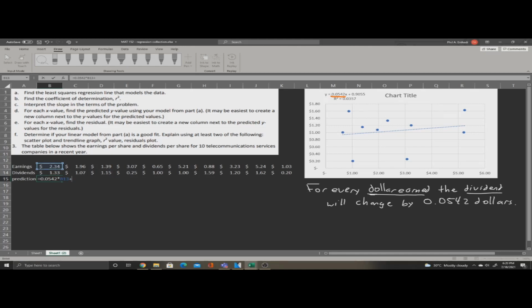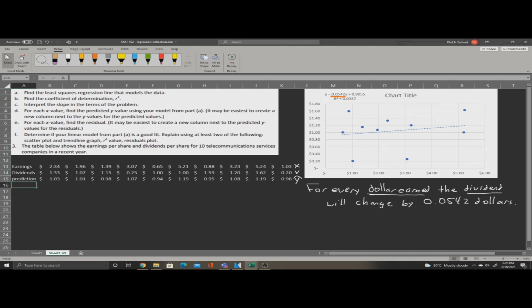And we'll add 0.9055. Press enter. This gives us our prediction. Use the black cross and find the prediction for all of our x values. Once again, we'll label prediction with y hat. The dividends themselves will be y, and the earnings are still x.